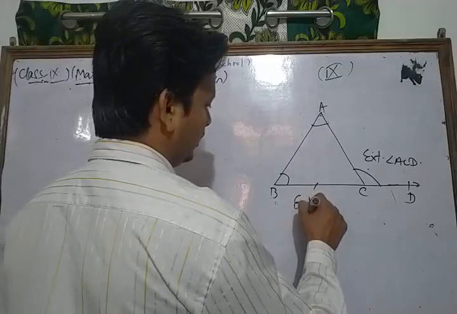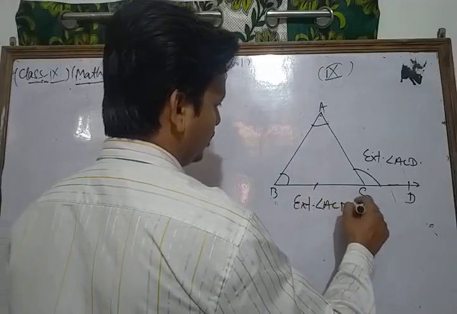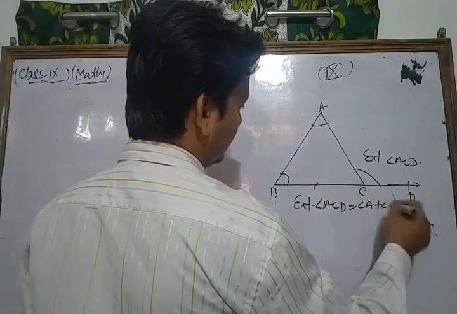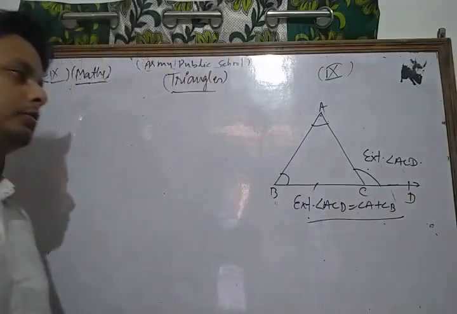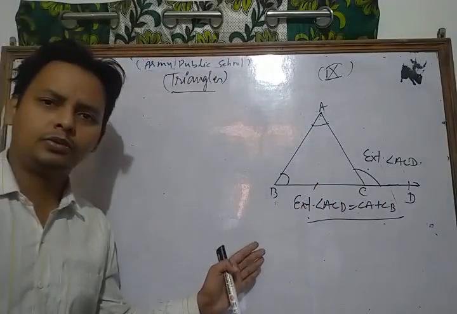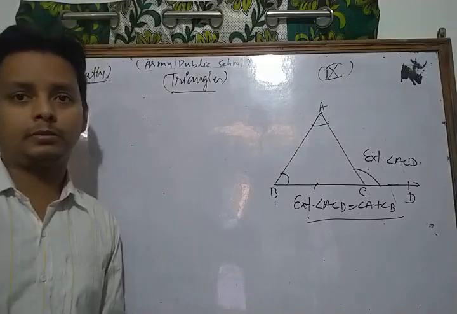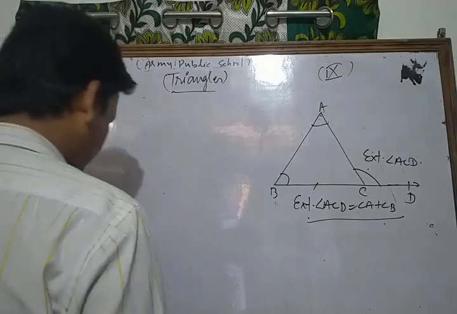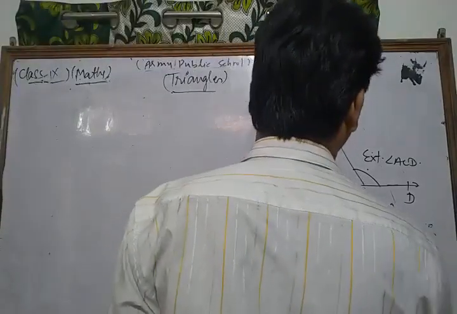Means that exterior angle ACD is equal to angle A plus angle B. This is one of the most important properties related to the exterior angle. Now we take and solve some important questions based on that topic.